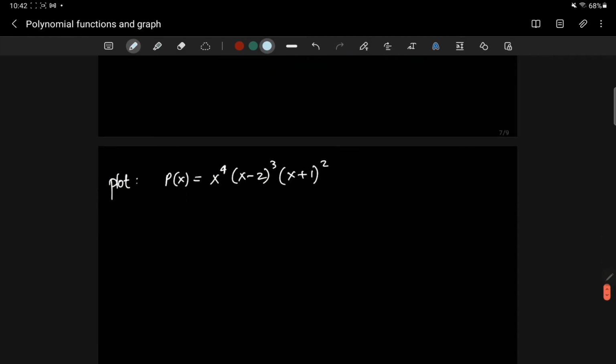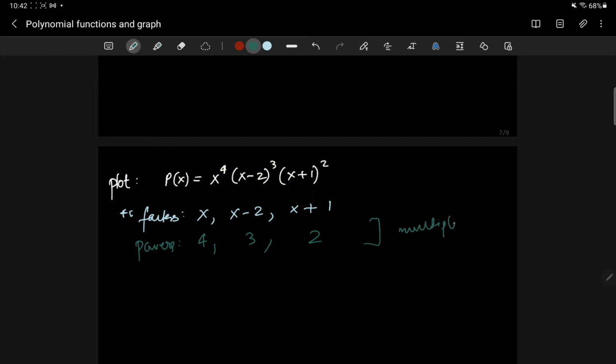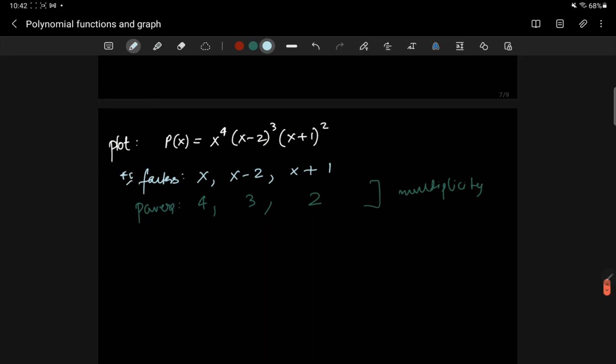So for example, let's say my factors are x, (x - 2) and (x + 1), and their powers are 4, 3, 2. These are what we call multiplicity. Now remember, these are all the same things.